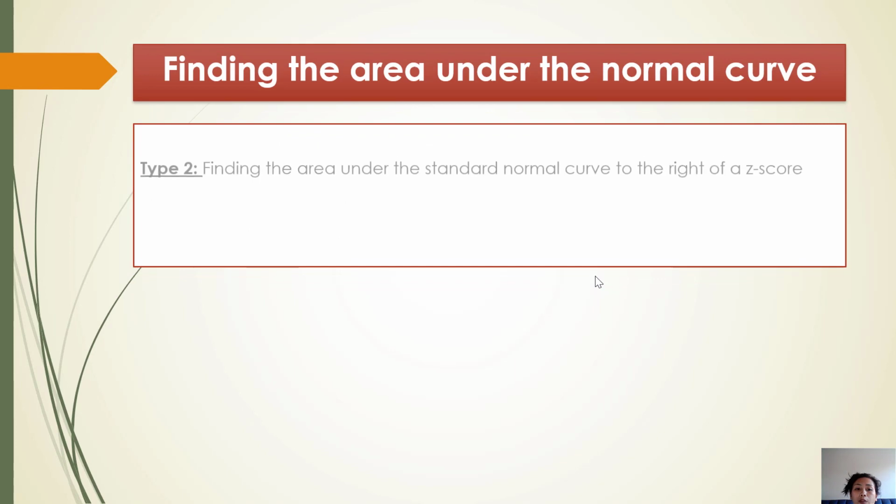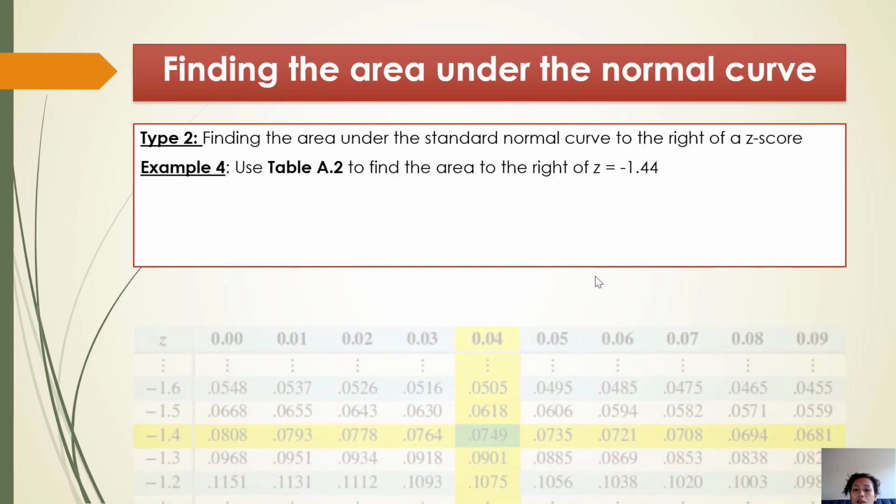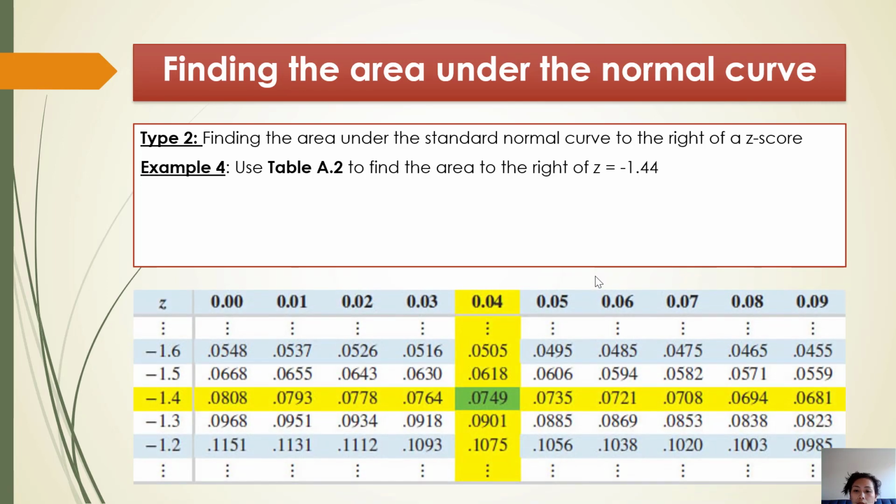Now let's look at type 2, finding the area under the standard normal curve to the right of a z-score, and we use the z-score negative 1.44 as an example. The question asks for the area to the right, but the z-score table gives you the area to the left. So we are going to use table A2 with the complement rule to find a solution. The area to the right of negative 1.44 is 1 subtract the area to the left of that value.